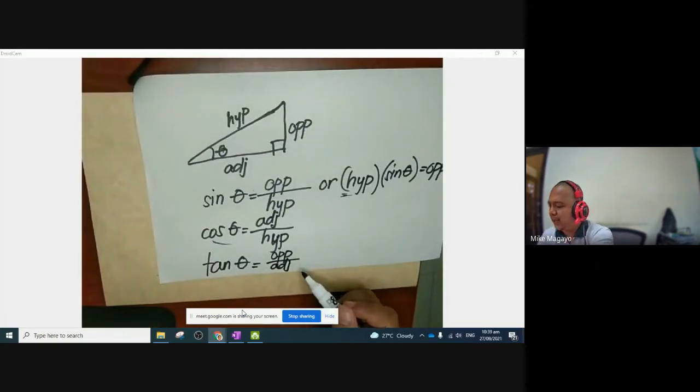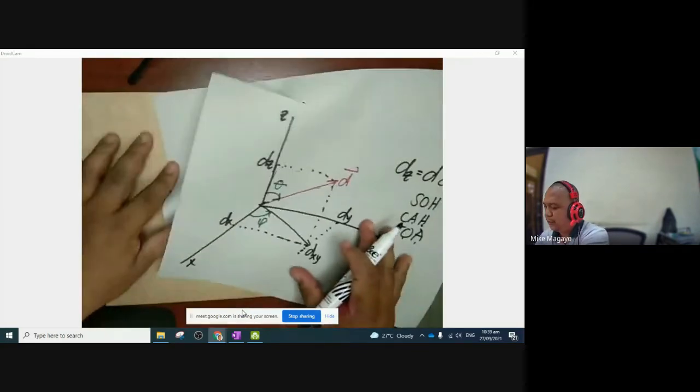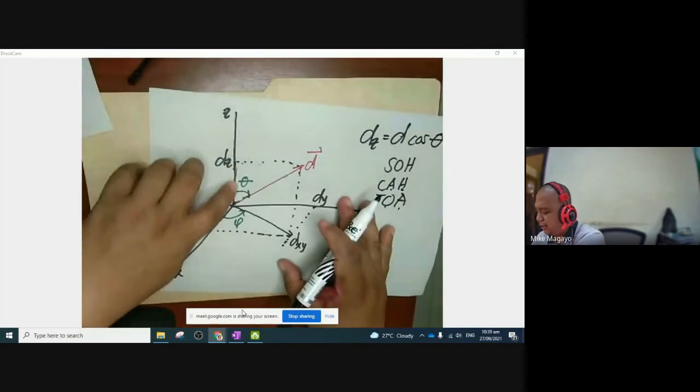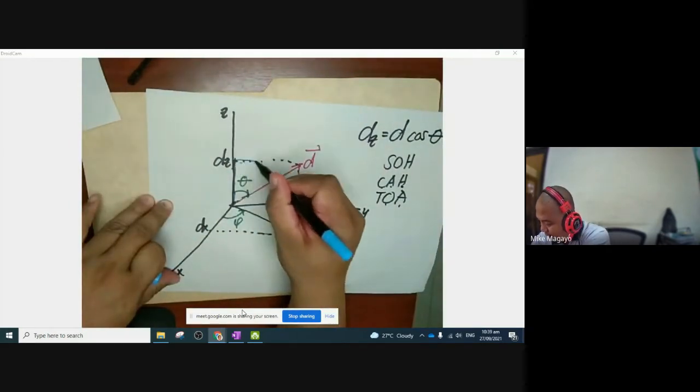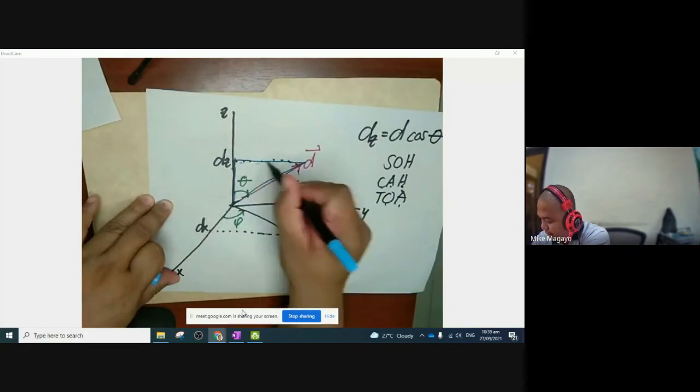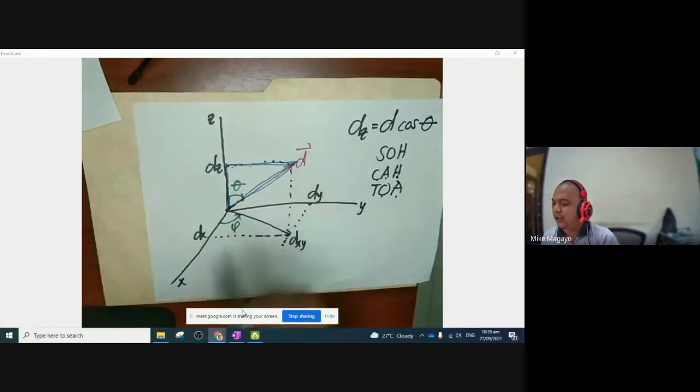So going back to our concern, since we have this particular triangle here, this is a right triangle.